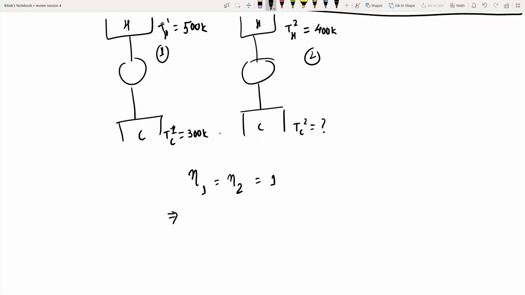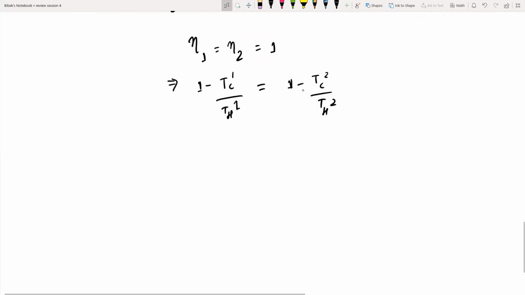So let's write the equation for the first efficiency, that is 1 minus TC1 over TH1. That is equal to eta 2, that is 1 minus TC2 over TH2. So this one and this one get cancelled.